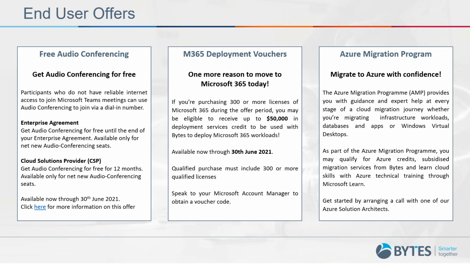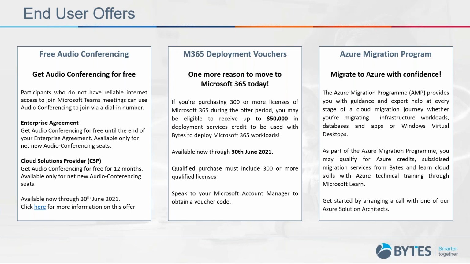So let's say, for example, they've got a poor internet connection, they can dial a number to join the meeting. The host needs to have the audio conferencing subscription to enable the dial-in option, not the participant. They can join effectively free of charge once the host has got the license to do so.